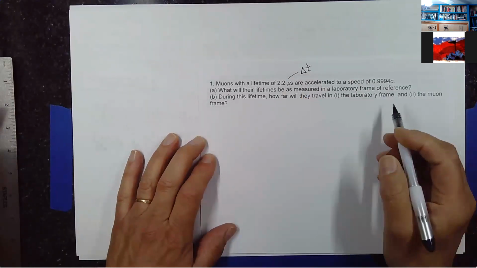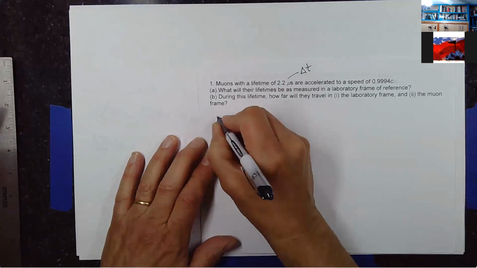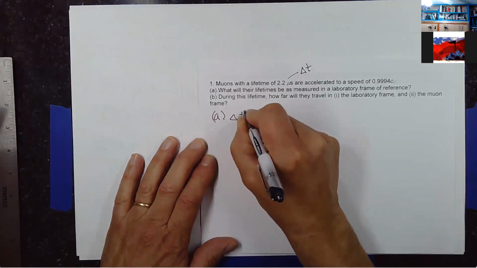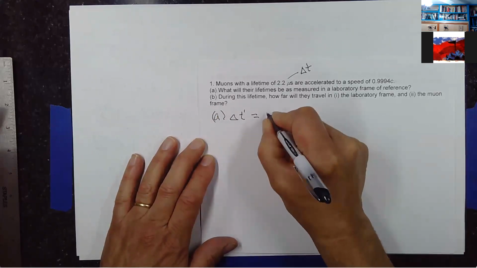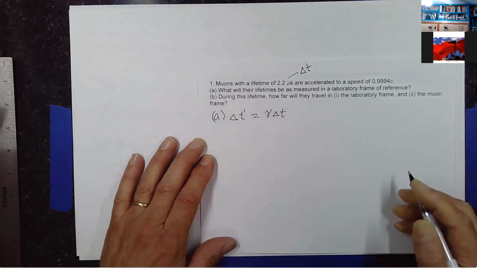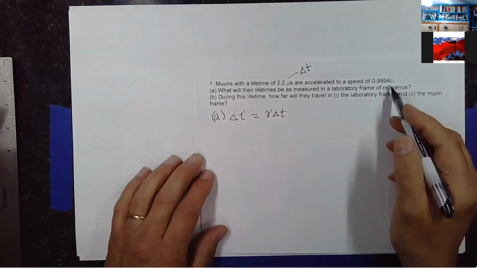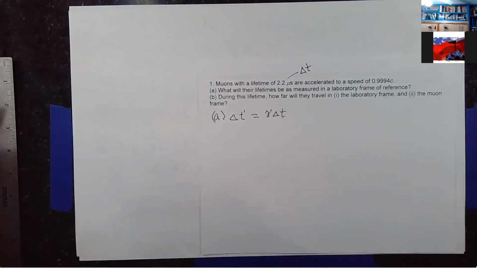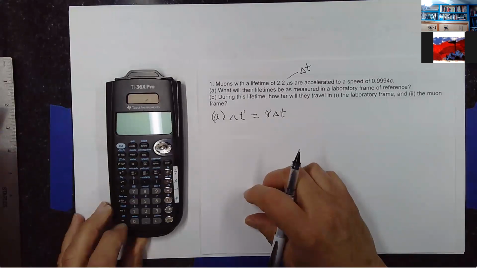The laboratory frame of reference, we can think of that as the delta t prime, and it's going to be gamma delta t. And so we just need to calculate gamma for 0.9994 c, which is easy enough to do.